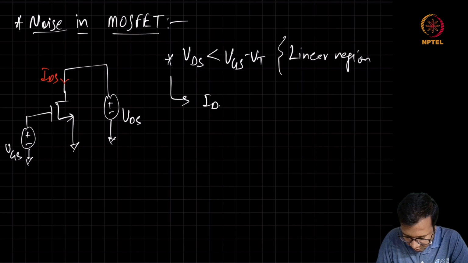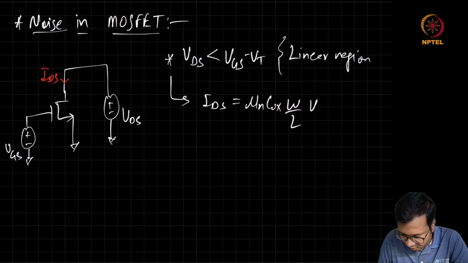So in the linear region, IDS is equal to mu n Cox W by L, VGS minus VT, VDS minus VDS square by 2.